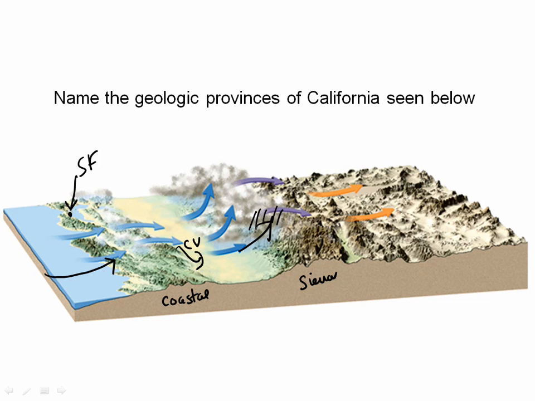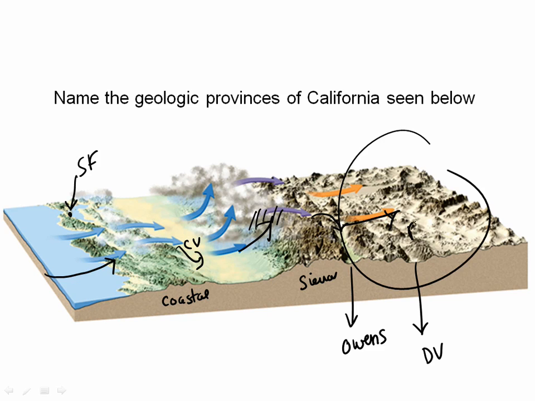But having dropped all that moisture, by the time they come back down, that is very dry air which heats up. The first valley that it hits is the Owens Valley. Owens Valley is a desert. Then there is range after range going as it goes east, the deepest of which is Death Valley. All of this is desert, part of the Basin and Range.